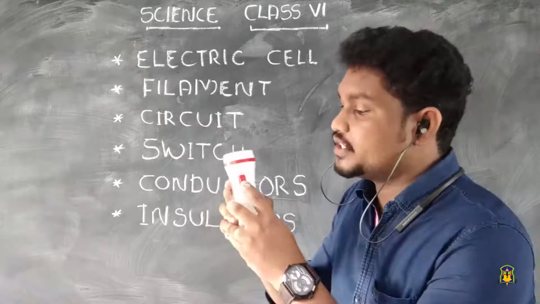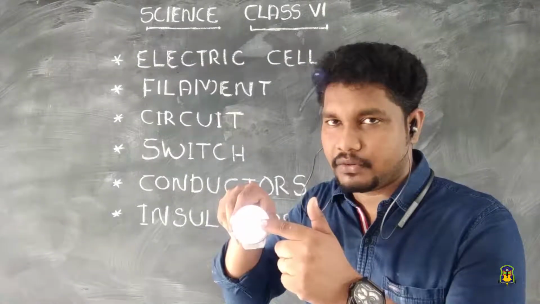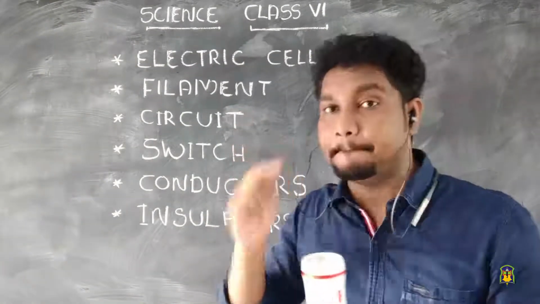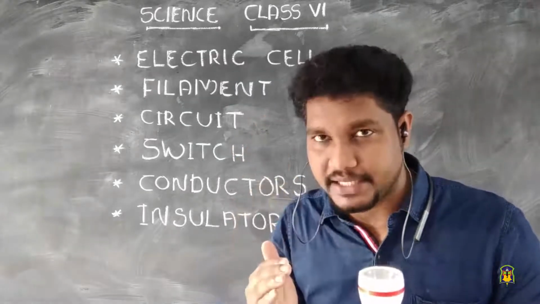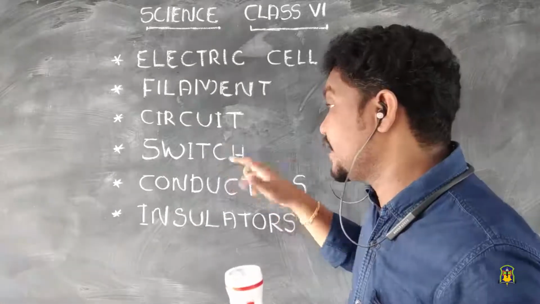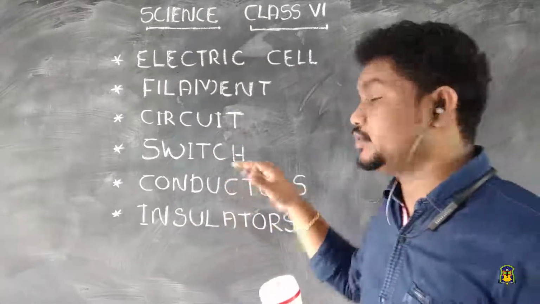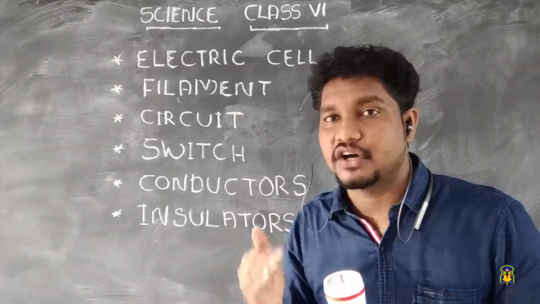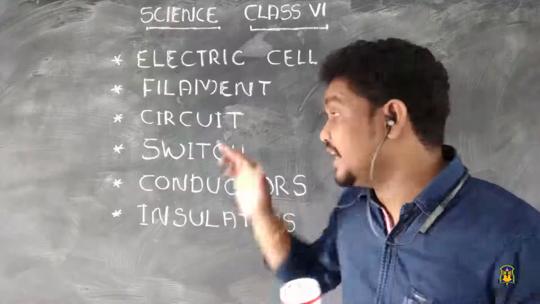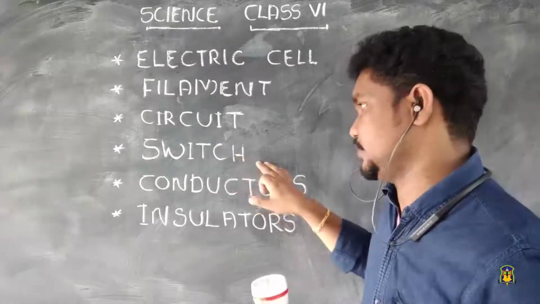So when the switch is in on mode, the bulb will glow. That means in the on position the circuit is complete, a closed condition, and the bulb will glow. We can define the switch as a device used to either break or connect the circuit.